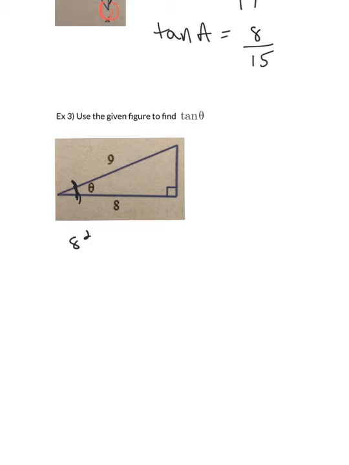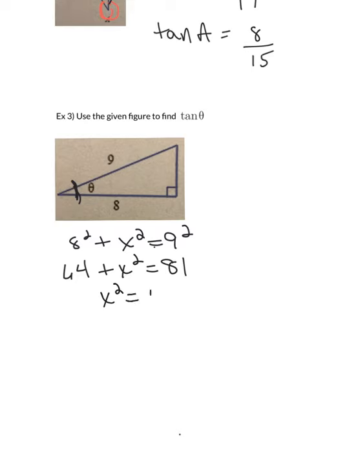So 8 squared plus what we don't know squared has to equal 9 squared. 64 plus x squared has to equal 81. Subtract 64 on both sides, you get x squared equals 17. So x technically is plus or minus the square root of 17, but the side of a triangle has to be positive.